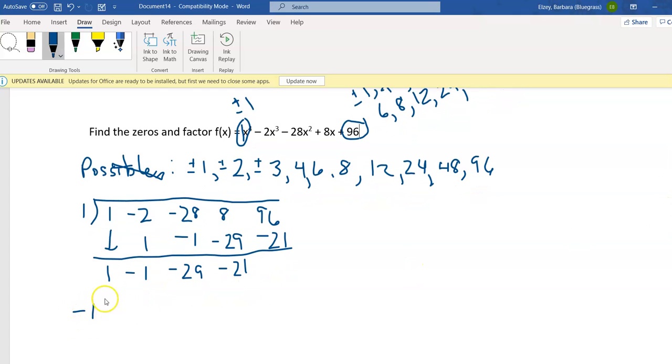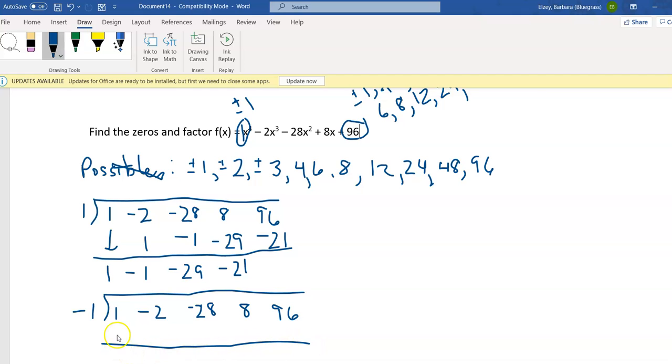So let's go to negative 1 and do our synthetic division again. So negative 1 into 1, negative 2, negative 28, 8, 96. Again, bring down your 1, and then let's multiply, add, multiply, add, multiply, add. So negative 1 times 1 is negative 1.